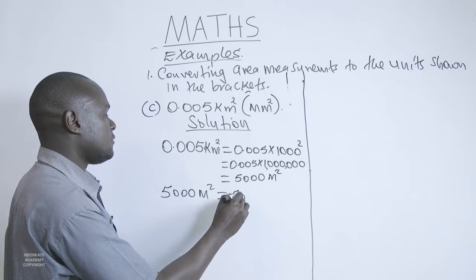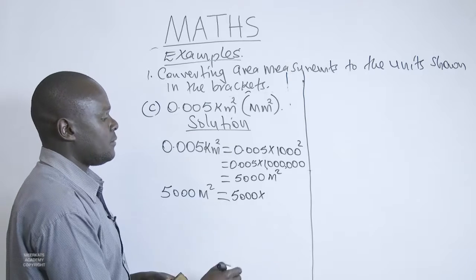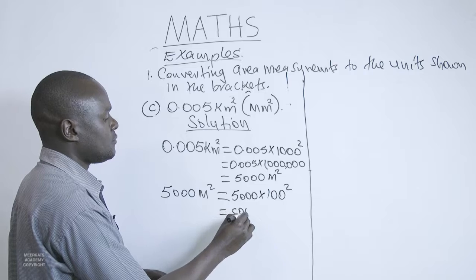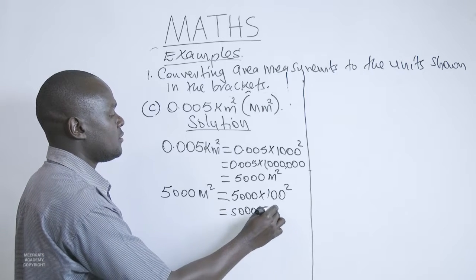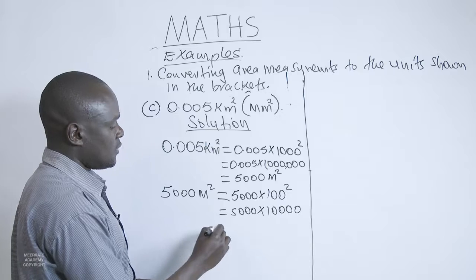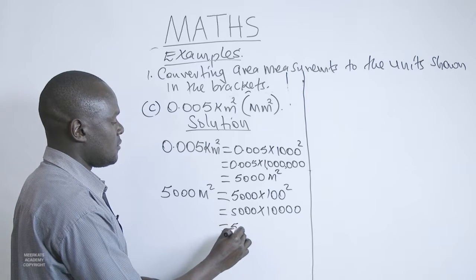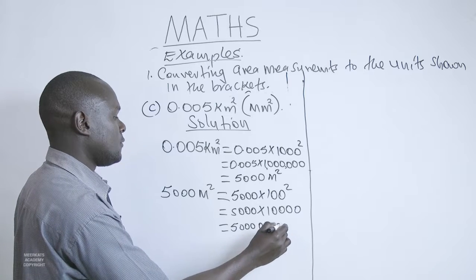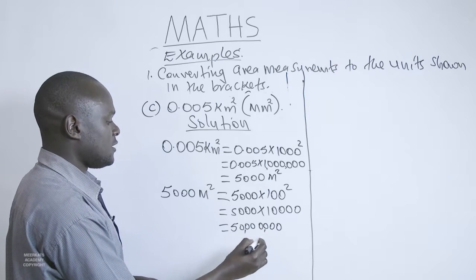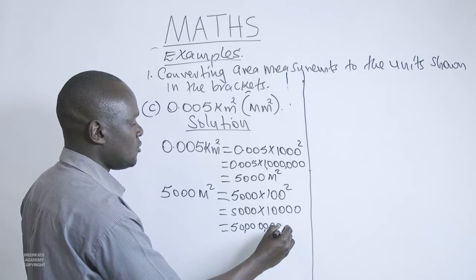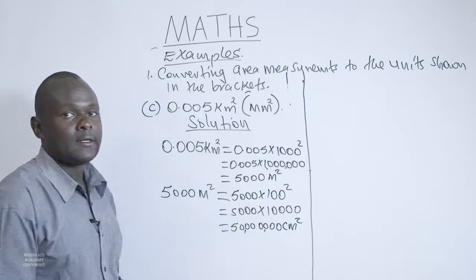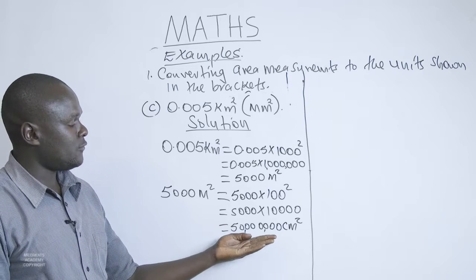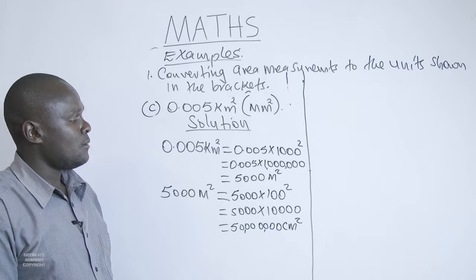This will be 5,000 multiplied by 100 squared, which will be 5,000 multiplied by 10,000, giving us 50 million square centimeters. And now we can comfortably move from 50 million square centimeters to millimeters.